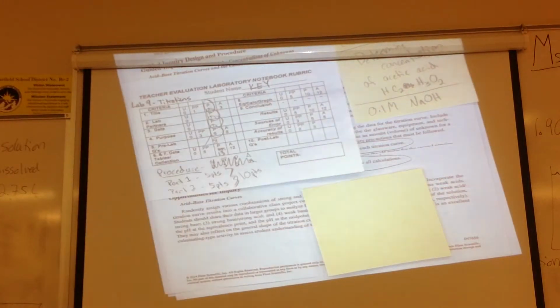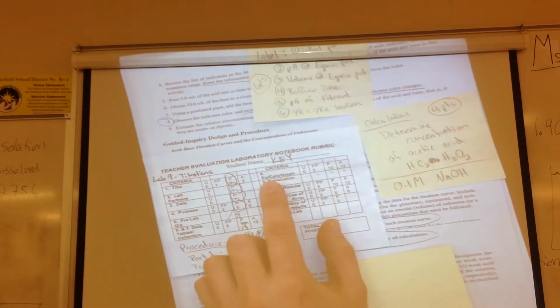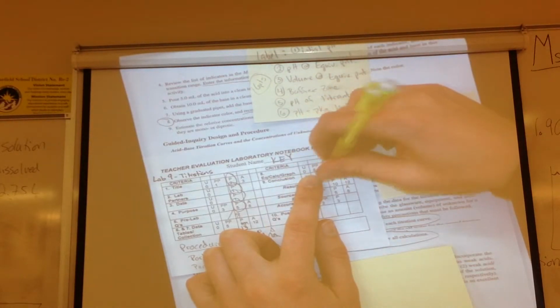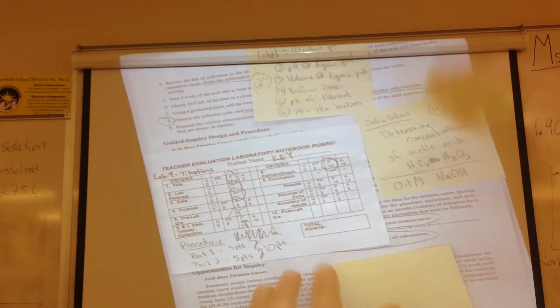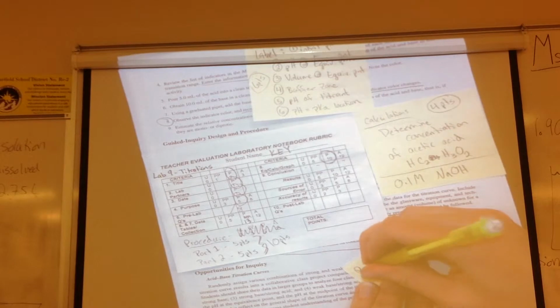So if we look back at our grading rubric, we have data tables to be the 13. Our calculations and graph section will be 6 for the graph and 4 for calculations, so that comes to 10. For the results, there's a few things I want to look at.